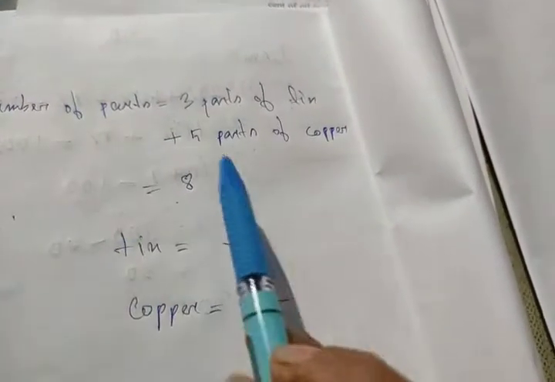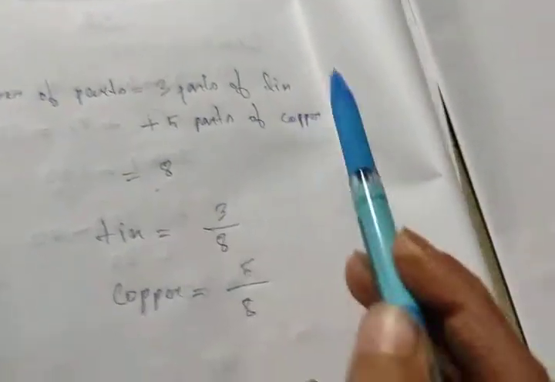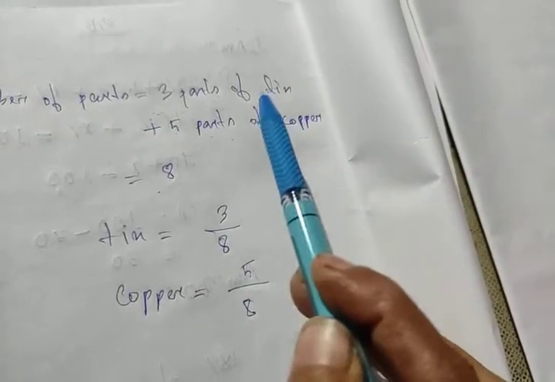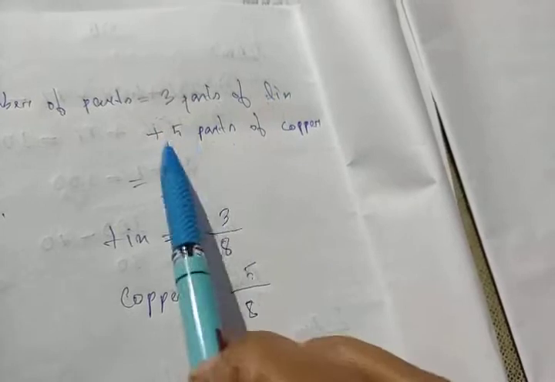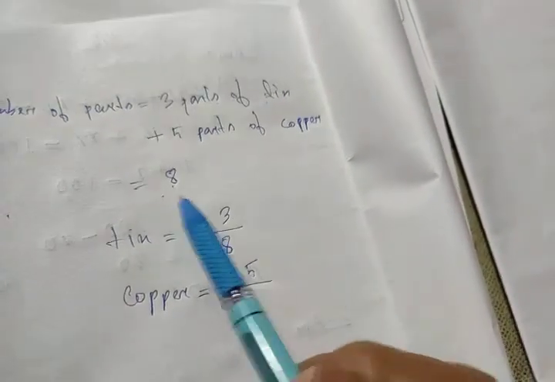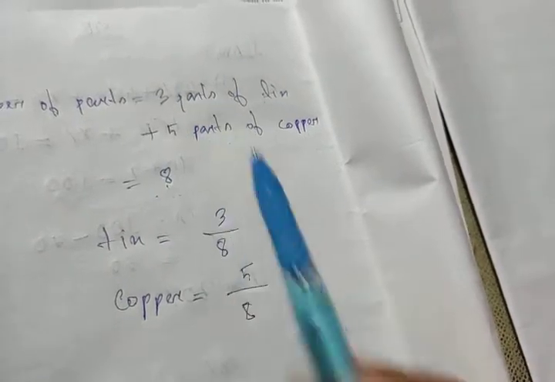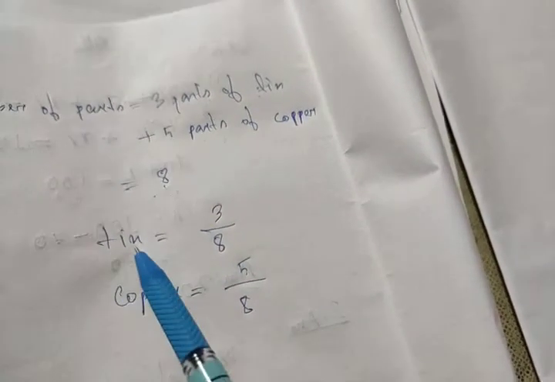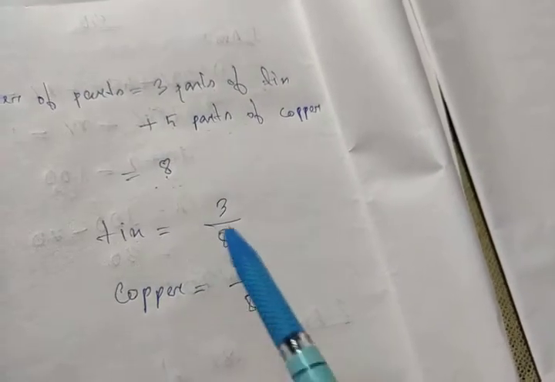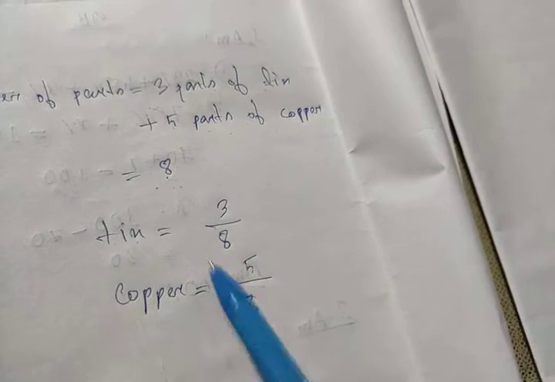This alloy is formed by 3 parts of tin mixed with 5 parts of copper, so total parts is 8. Therefore the fraction of tin is 3 out of 8 and the fraction of copper is 5 out of 8.